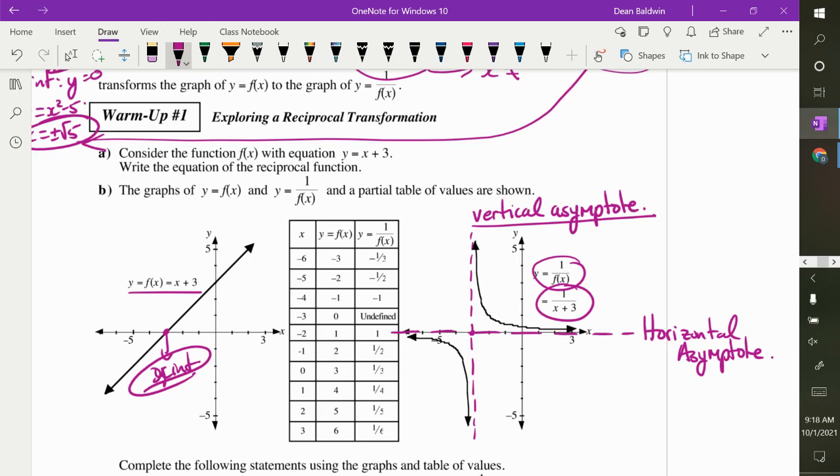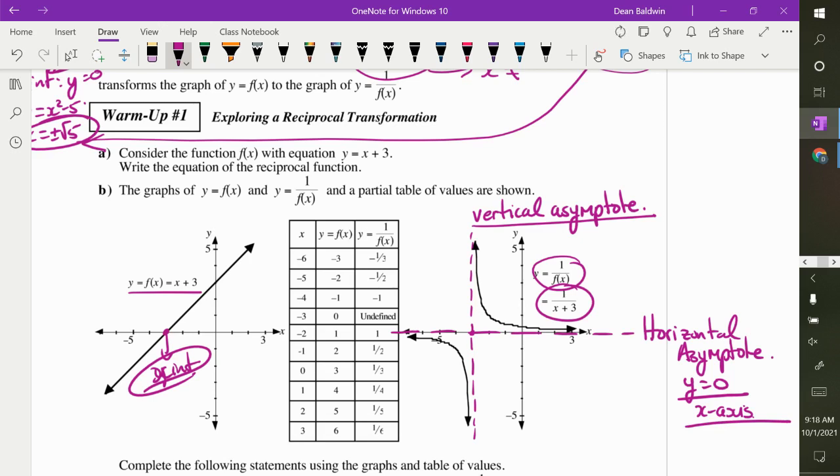Okay, so horizontal asymptote for this specific unit, your horizontal asymptote is always y is equal to 0. That will change later on in the units, but for this unit, it will always be y is equal to 0, i.e. it is the x-axis. Okay, I will change that later on, but not in this unit.